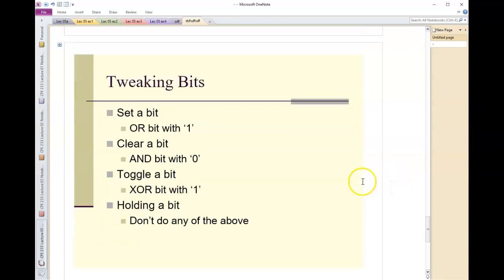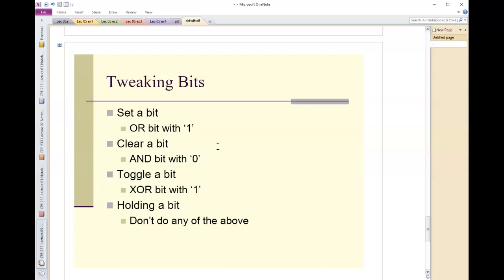So there's three ways to do what you need to do with these bits. Essentially, oftentimes I need to set a bit, or clear it, or toggle it, or hold it. And so here are the operations. If I want to set a bit, I OR it with a 1. Anytime you OR a bit with a 1, that bit becomes a 1 no matter what it is.